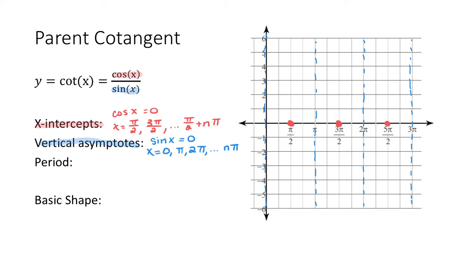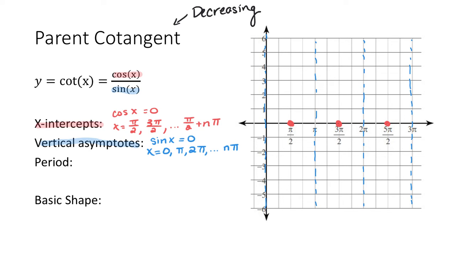Okay, so the difference between tangent and cotangent, other than the placements of their x-intercepts and vertical asymptotes, is that cotangent is a decreasing function, whereas tangent is an increasing function. Might be worth adding that to your last slide.